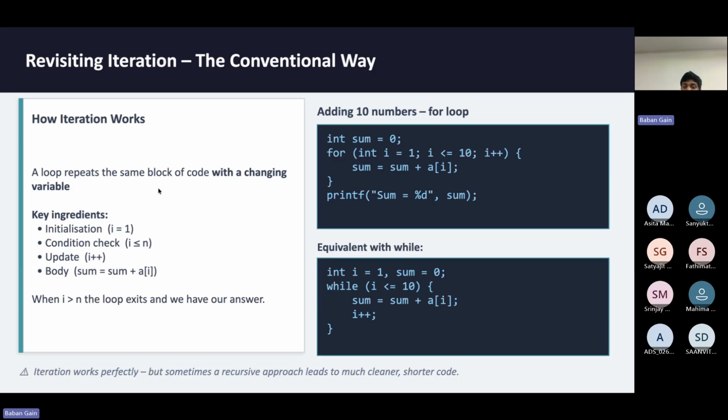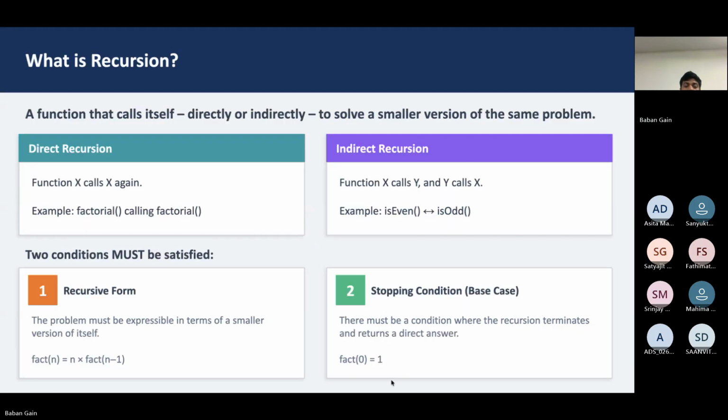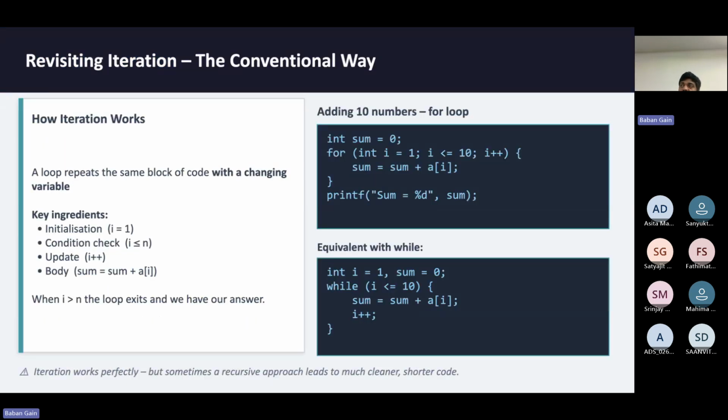Iteration is basically if you run a for loop or a while loop, then it is called iterating the values. For example, for adding numbers, you just run a for loop, or you can also run a while loop, giving a condition. But this can also be done by calling a function again and again. This is what we call recursion basically.